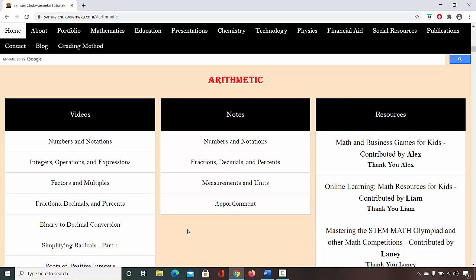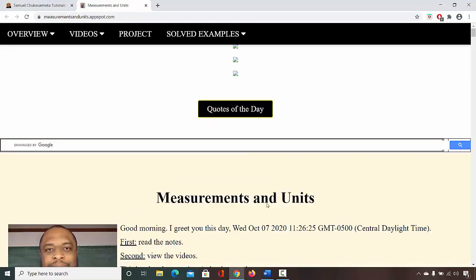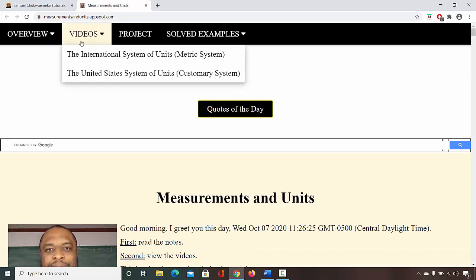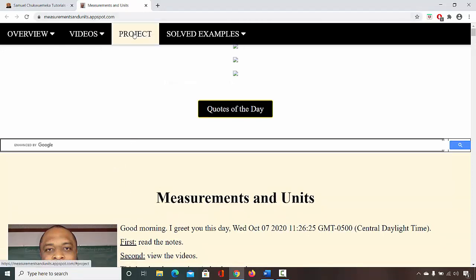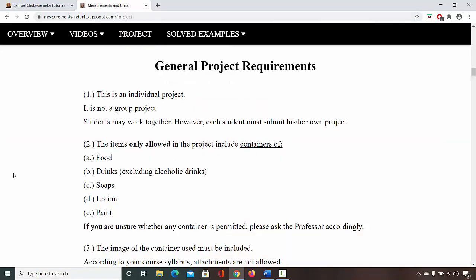We can use more methods to solve problems in measurements and units. This is under measurements and units. Okay, but this topic is not only measurements and units. Once you get on this, just click on project.